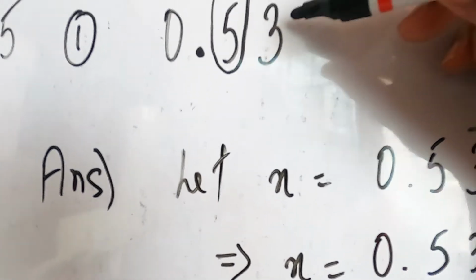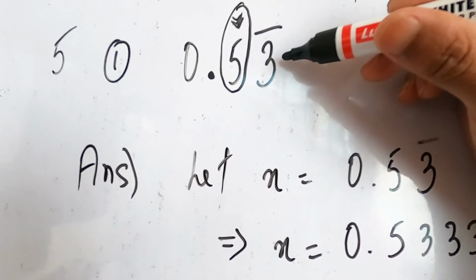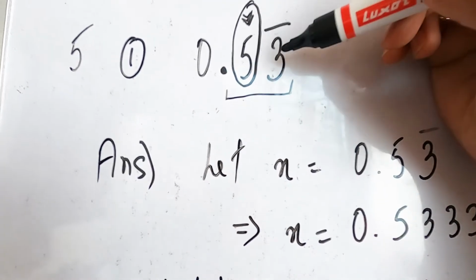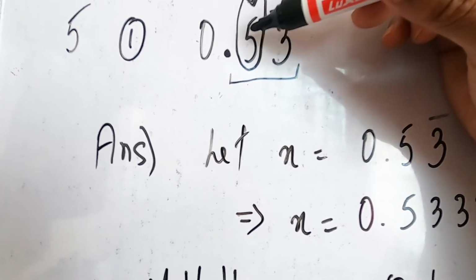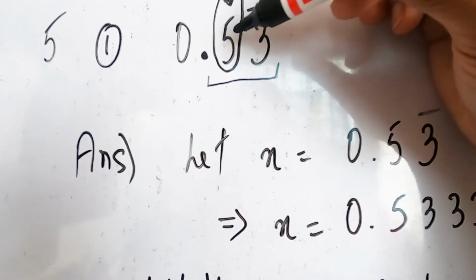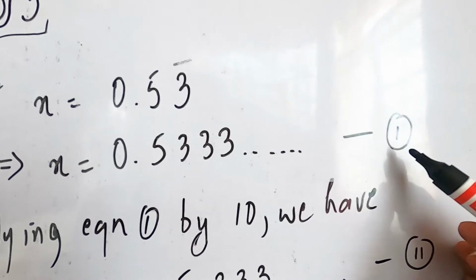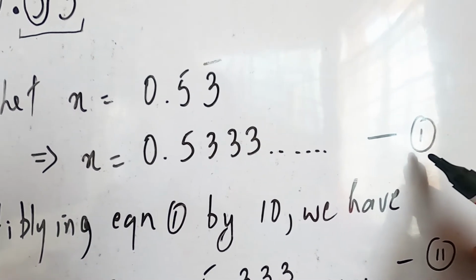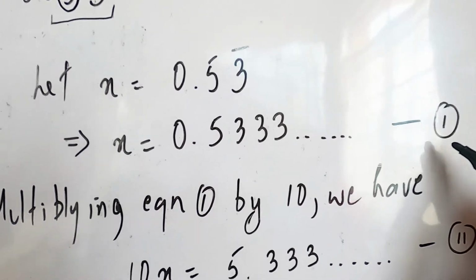Now for the number which is repeating behind the decimal point, how many numbers are behind the decimal point? 1, 2. So again we have to multiply equation 1 by two zeros, which means we multiply equation 1 by 100.